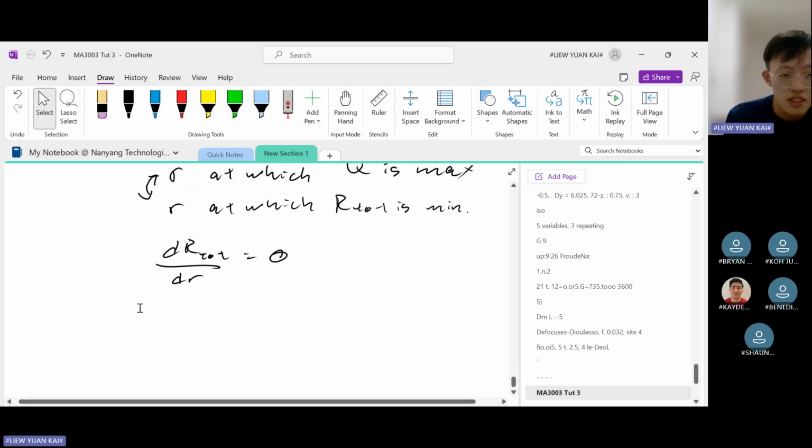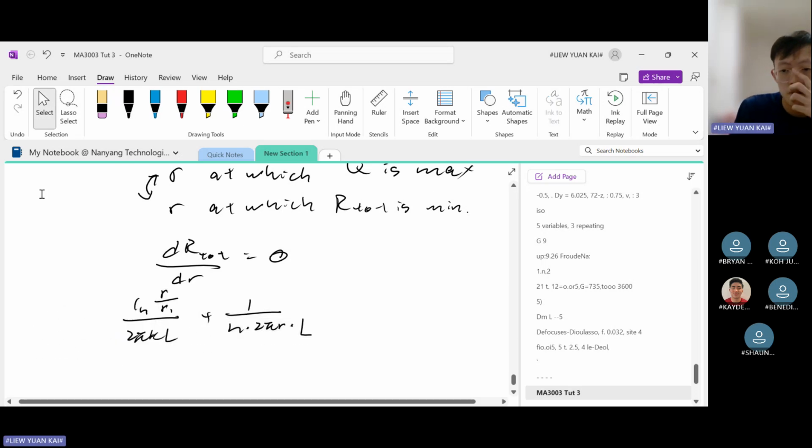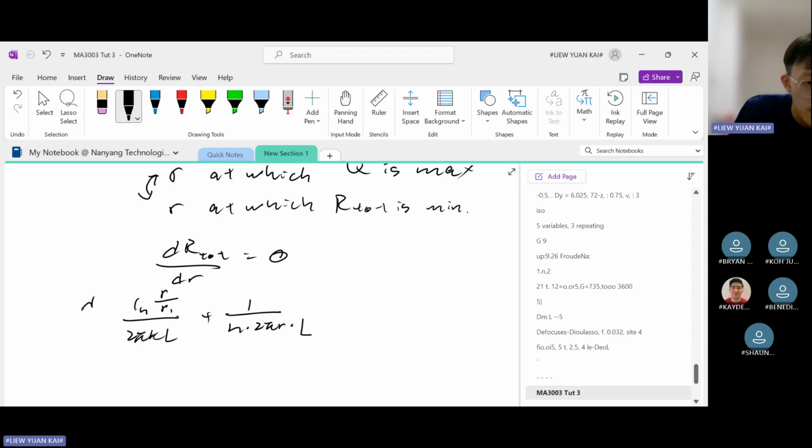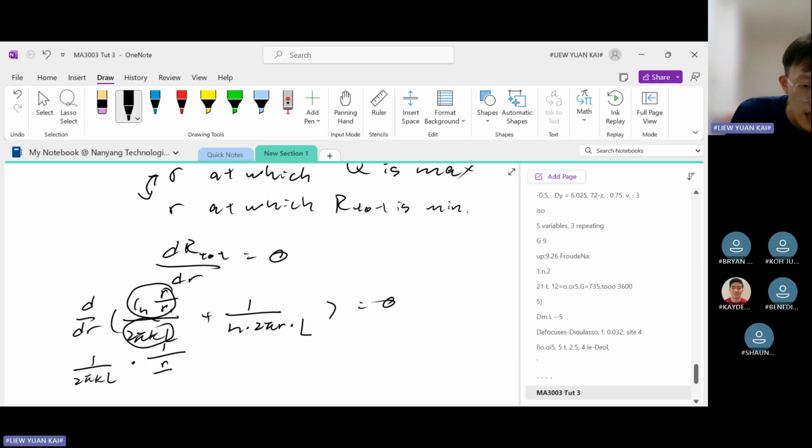I'm going to differentiate it first. So these are all constants, I will just take them out. Now we're differentiating ln. To differentiate ln, it'll be 1 over the inside times differentiation of the inside, because chain rule. So differentiation of this inside will be just 1 over r1 plus, now differentiating this.